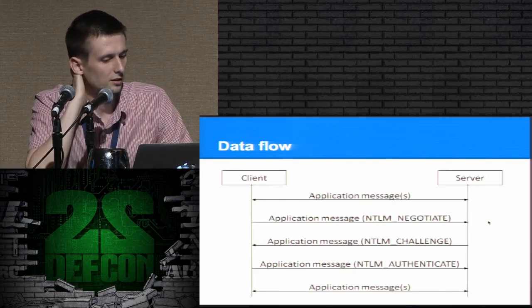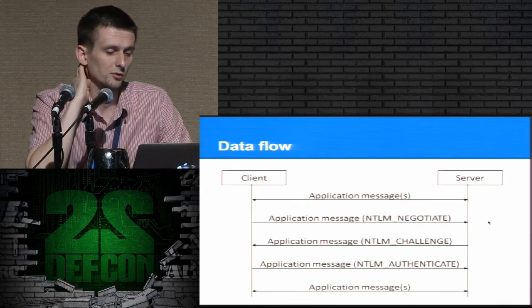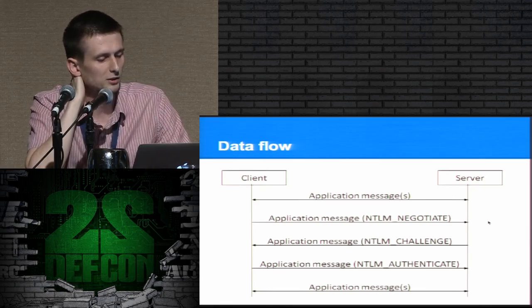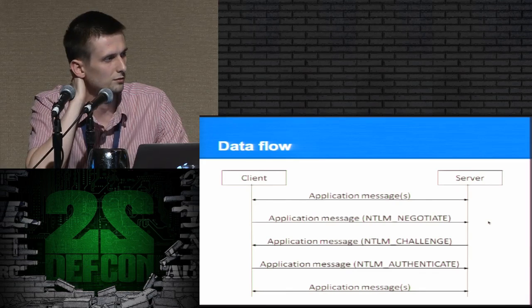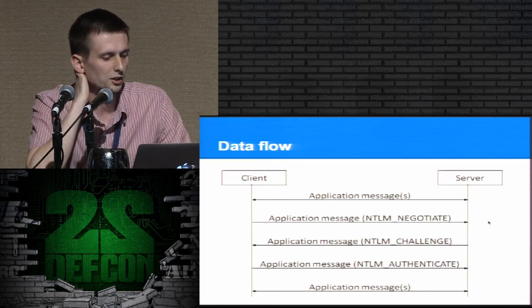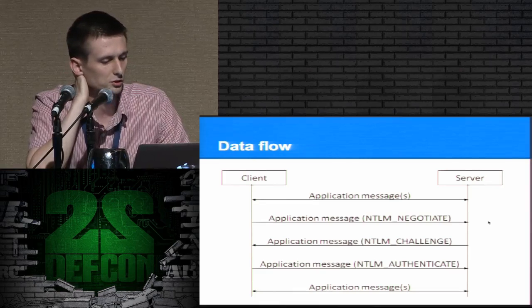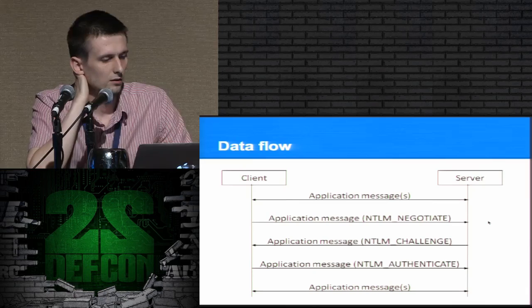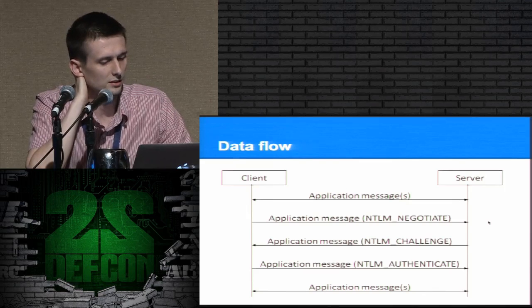On the server side, the same happens. The server will talk to the SSPI interface with the following: hey SSPI, here is the message from a client. Copy it from that buffer and generate for me please an NTLM challenge, and I will send it to the client. After that, the client will receive the NTLM challenge message, also send it to the SSPI interface, and SSPI will prepare for the client the message that should be sent to the server.